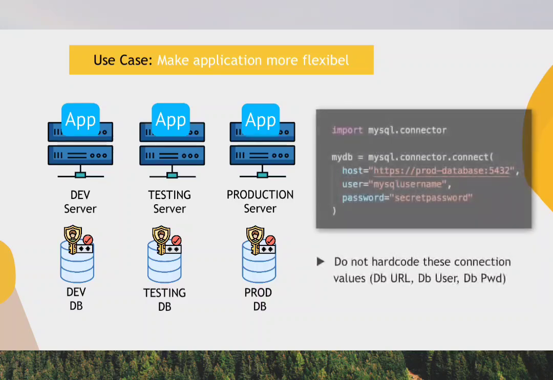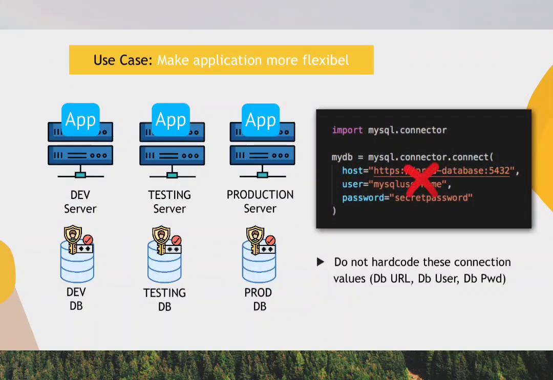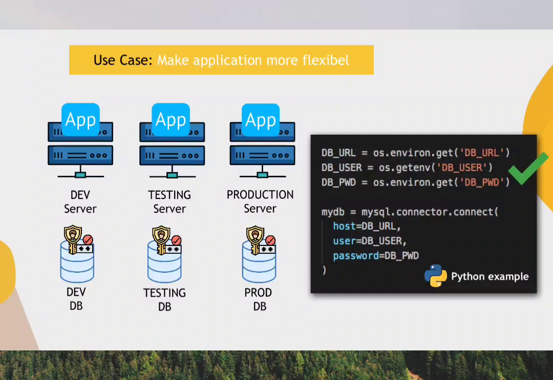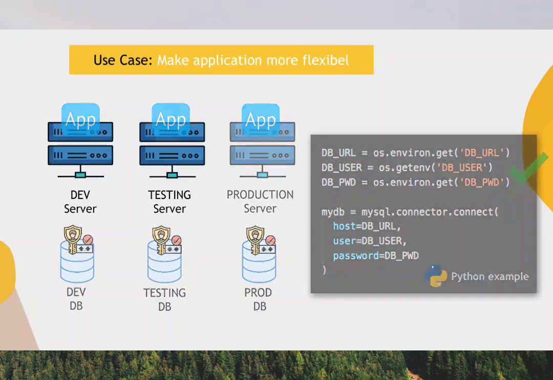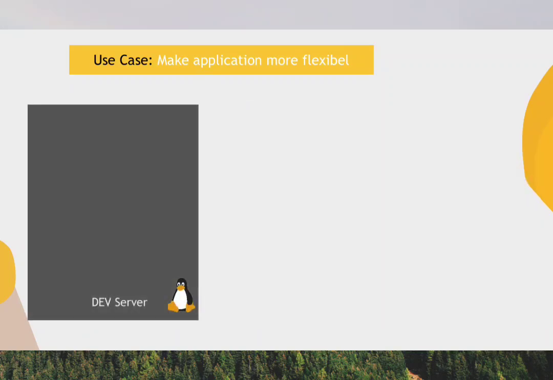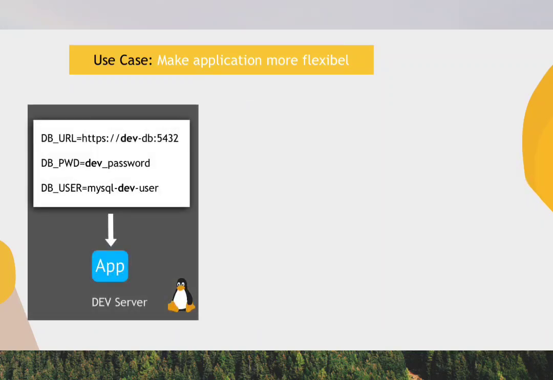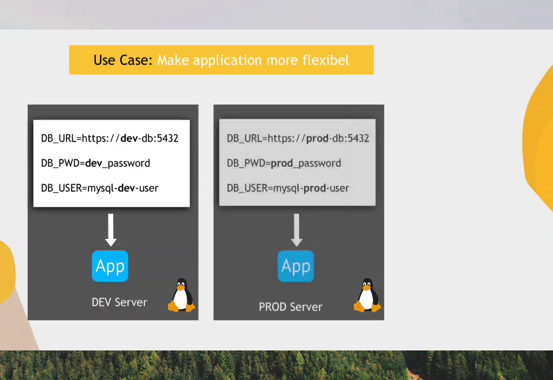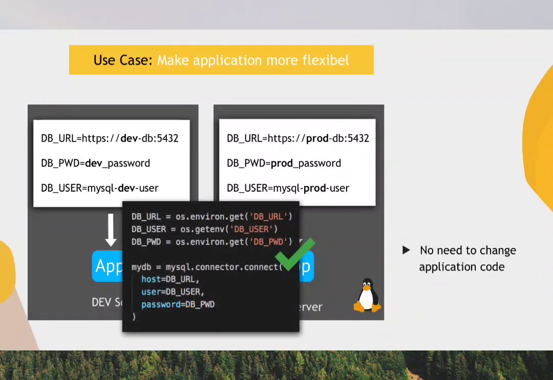So instead of hard coding these values in the application, using environment variables, you can dynamically set different values for your application and run it in different environments without changing the code. So when your application runs in a development environment, you can give it credentials to the development database. When it runs in production, you can pass in environment variables for production database and production API keys.